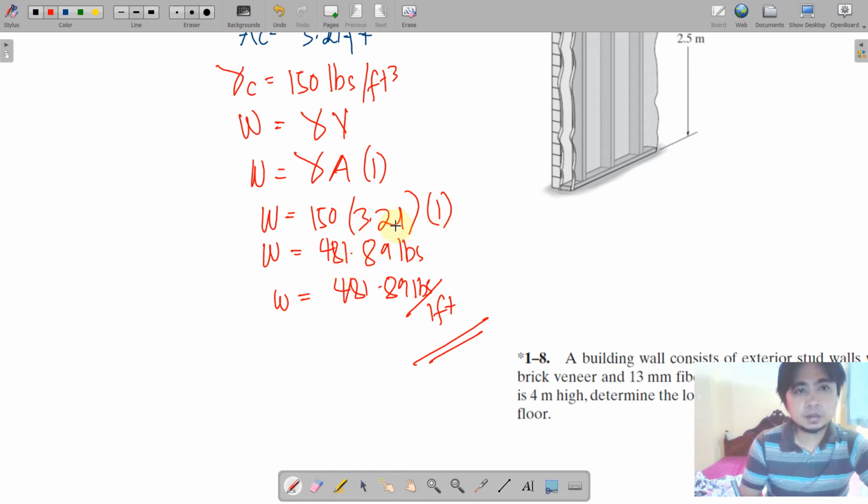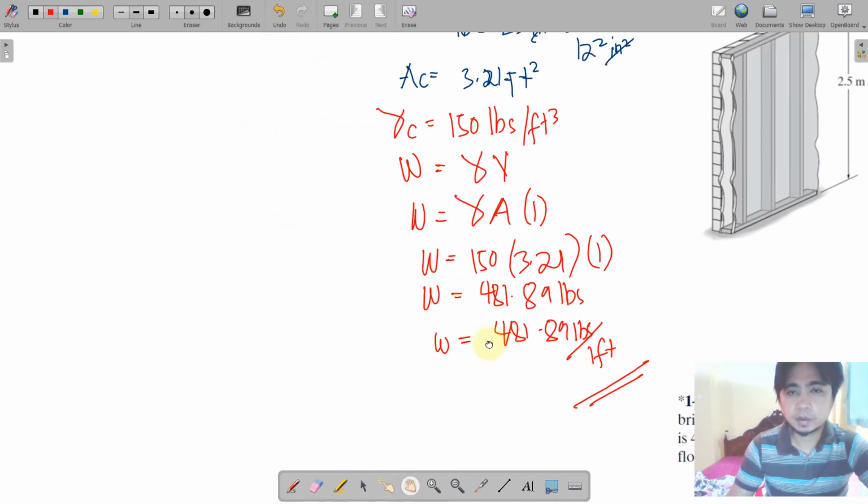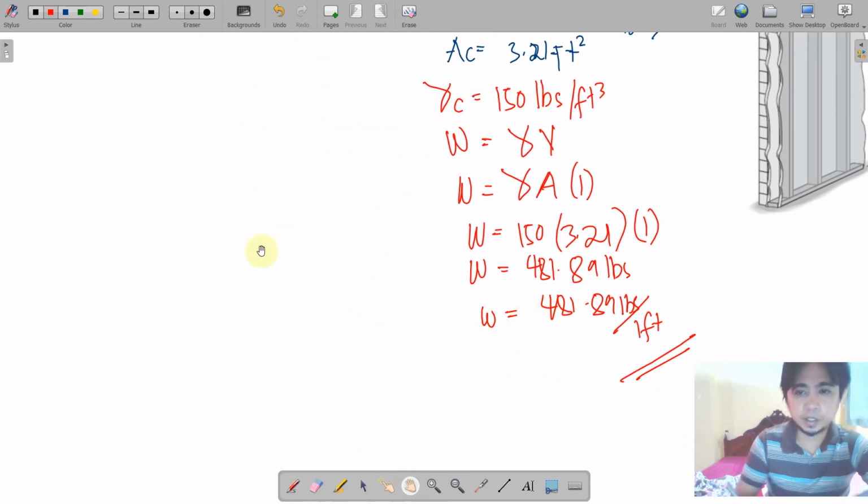Okay, so for steel, may we just place it adjacent.